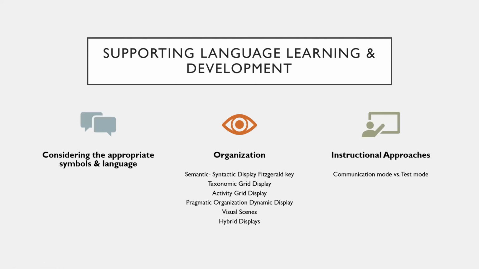And then the visual or contextual scenes is just when we take all of the vocabulary and put it into context. That's something that you guys had a chance to play around with in our hands-on workshop. And then lastly, hybrid displays, which combine all of the above or some of the above.